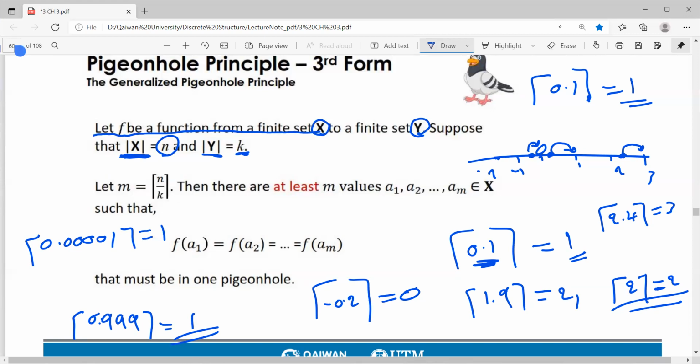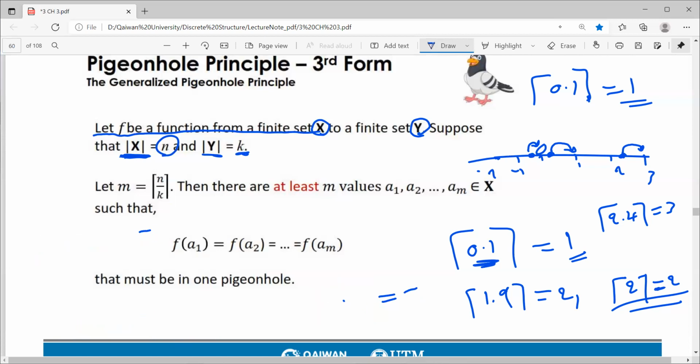And we also have the greatest integer function. I'm going to clean this. For the greatest integer function, we take the smaller one in this case. We say 0.1. What's this one? It's 0. How about 0.99?